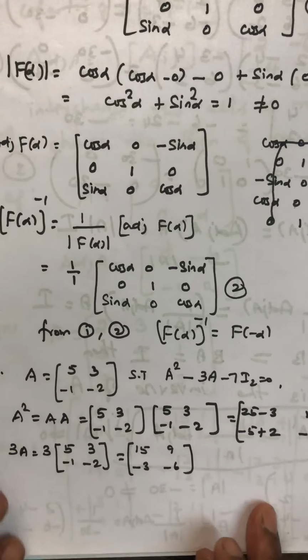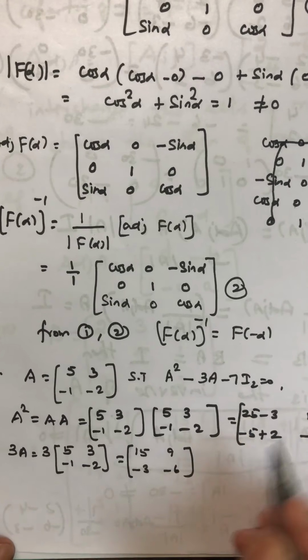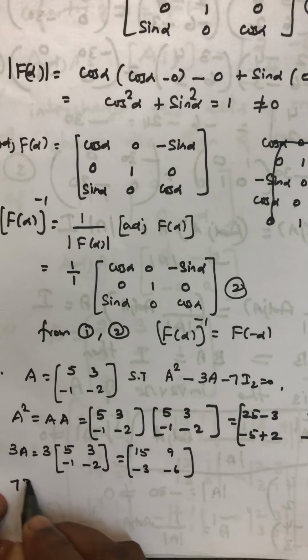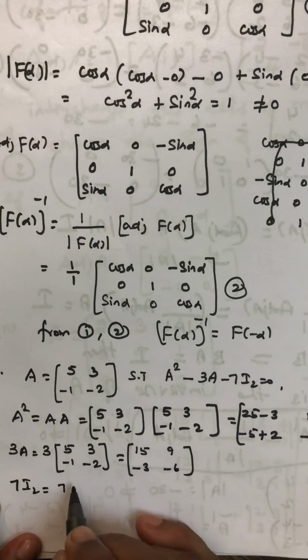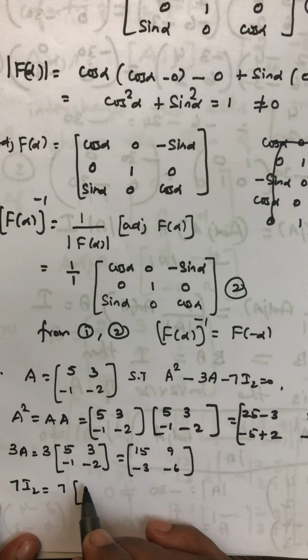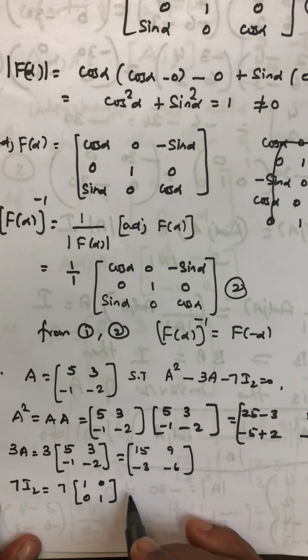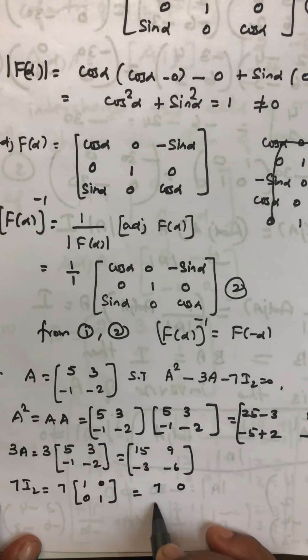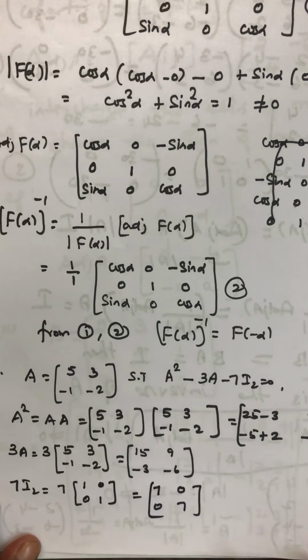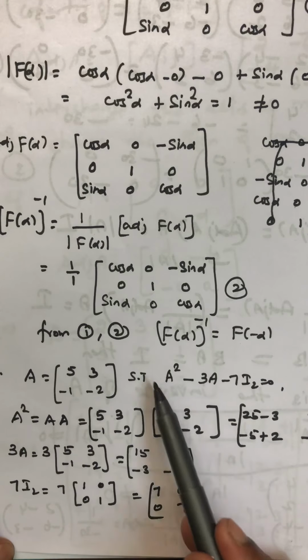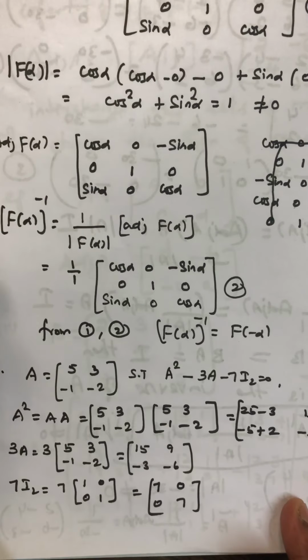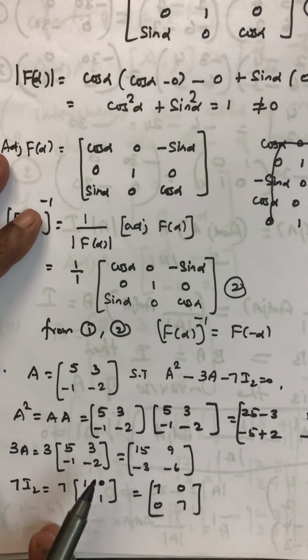Then 7 into I2. What is this I2 stands? I2 is a unit matrix of order 2. So it is 1 0 0 1. Multiply 7 0 0 7. So we are going to find out the answer A square minus 3A minus 7I2.